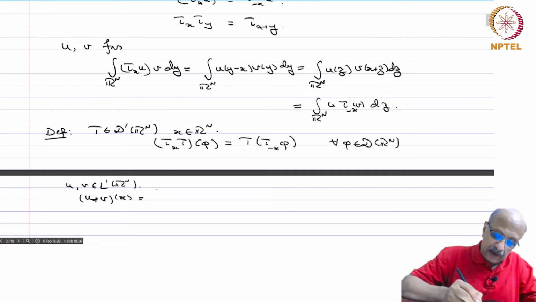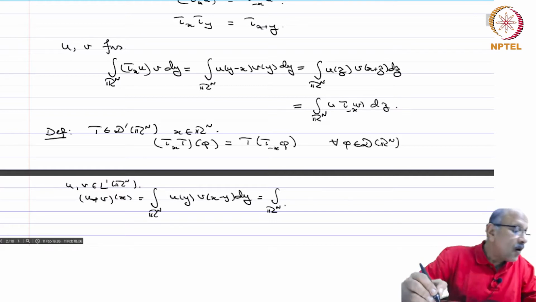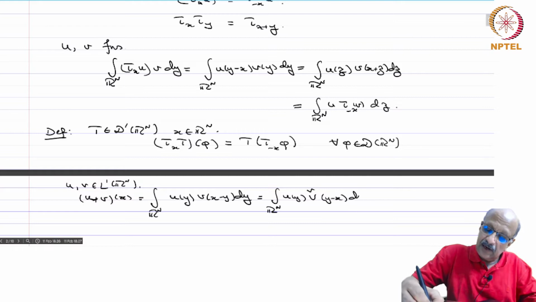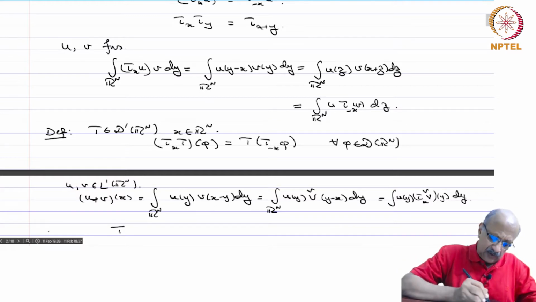This is equal to the integral over Rn of u of y v of x minus y dy, and this is equal to the integral over Rn of u of y v chesh of y minus x dy, and that is equal to the integral of u of y tau x of v chesh at y dy.